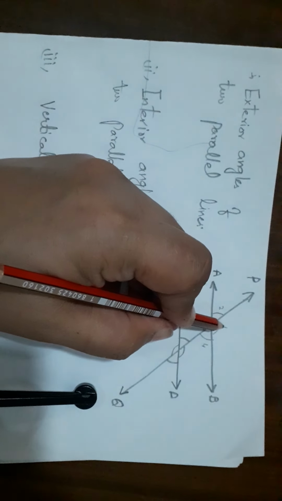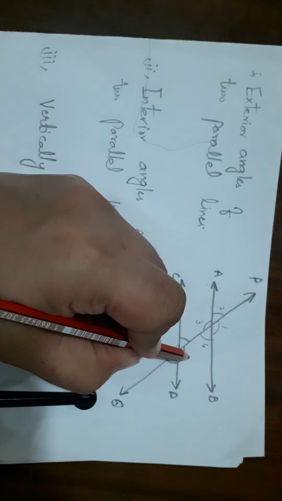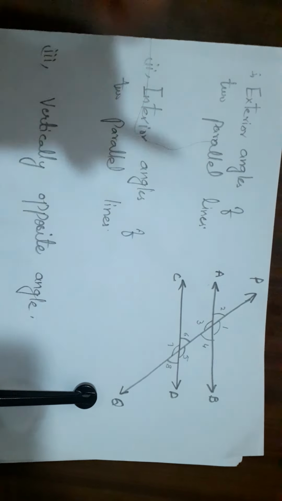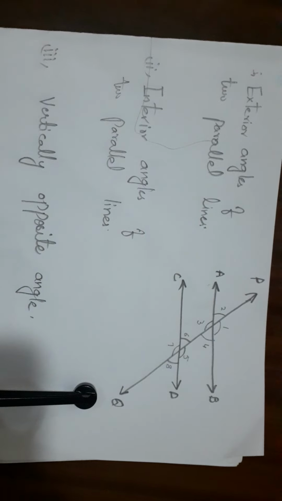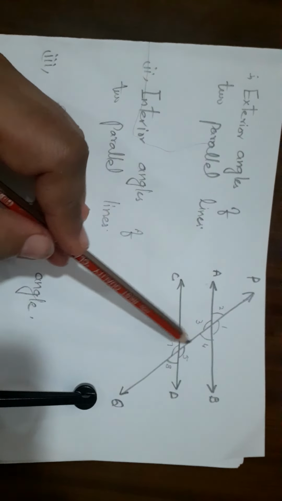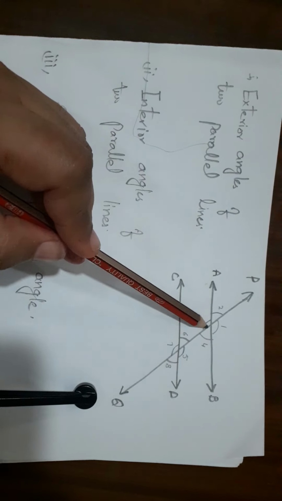Then we start again here with 5, 6, 7 and 8. Now you check how many angles there are: 4 up and 4 down, 4 above the line and 4 below.